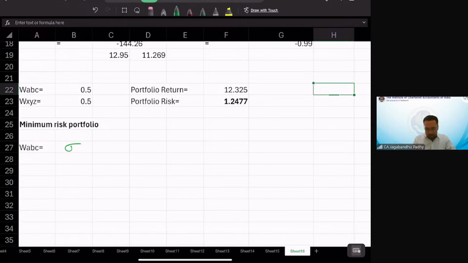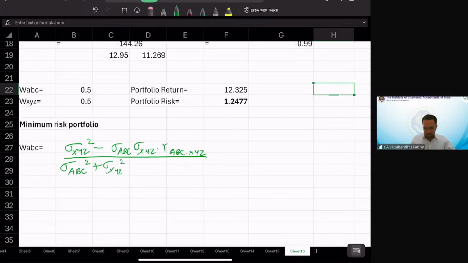It will be standard deviation of XYZ square minus standard deviation of ABC into standard deviation of XYZ into correlation between ABC and XYZ, the whole divided by standard deviation of ABC square plus standard deviation of XYZ square minus 2 into standard deviation of ABC into standard deviation of XYZ into correlation between ABC and XYZ.